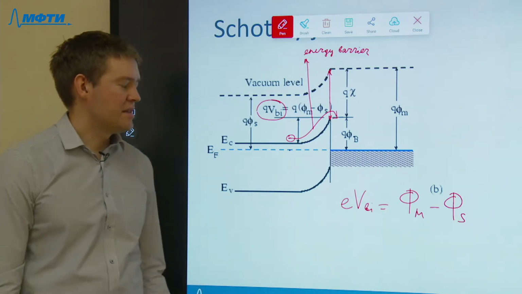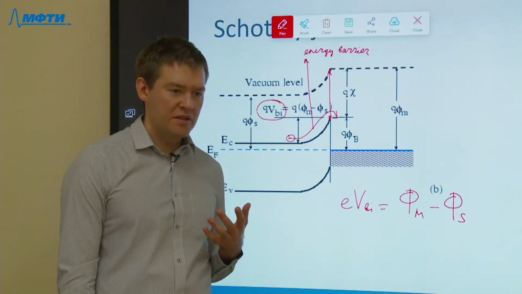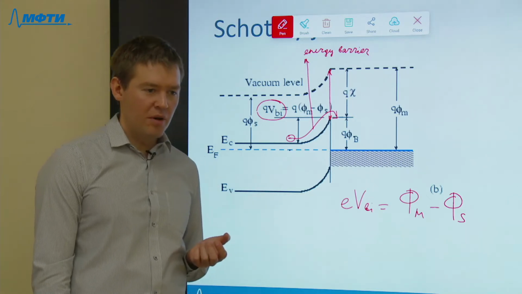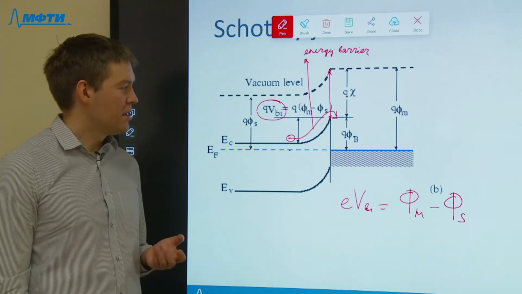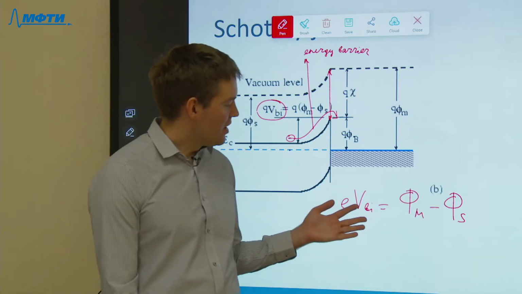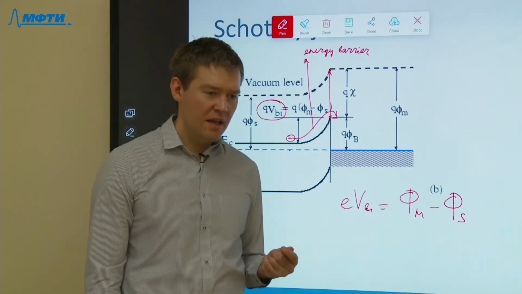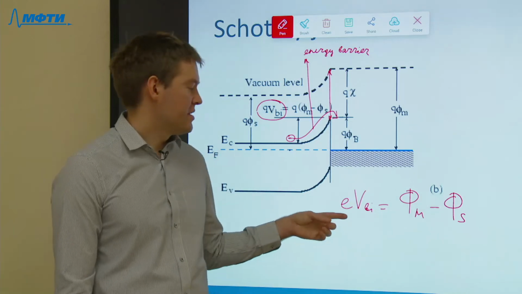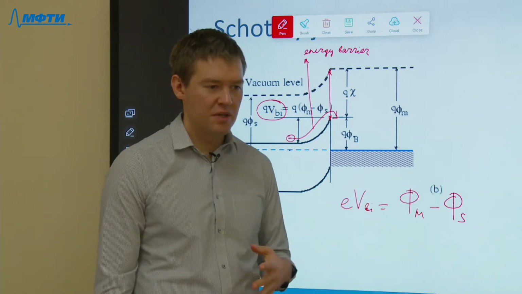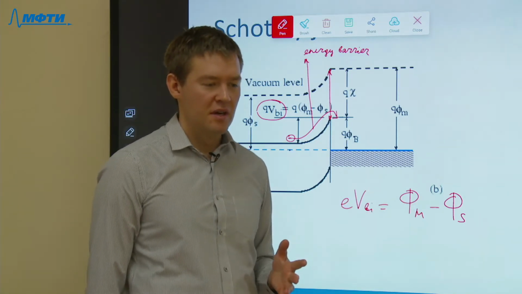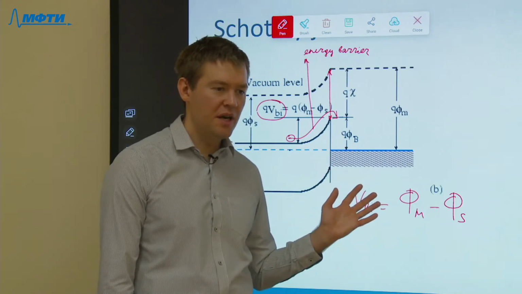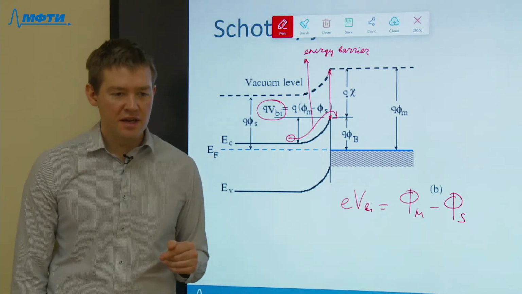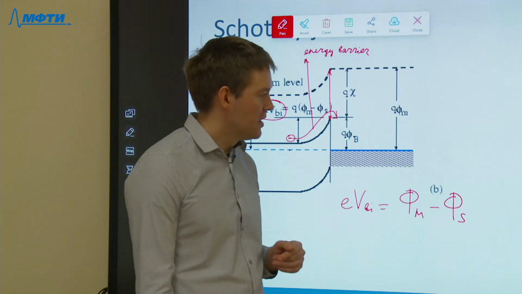So this barrier acts to compensate the work function difference between metals and semiconductors. And these work functions can be found in various tables. For metals, they are tabulated. For silicon, germanium, gallium arsenide of various dopings, they are tabulated too.